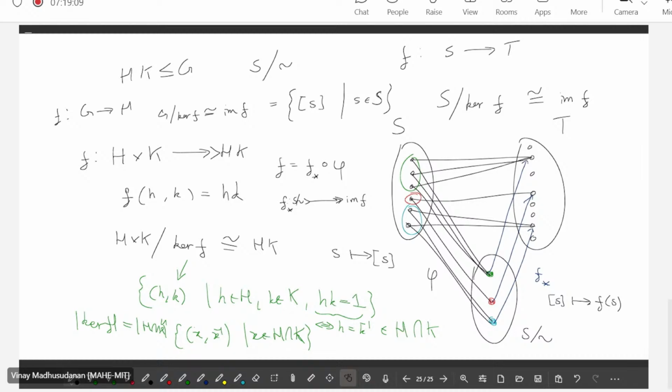Injectivity of? For this, injectivity is not there. This is in general true for any homomorphism. When it is injective, you get G is isomorphic to image F, because if it's injective, the kernel of F is trivial. That will be an embedding.